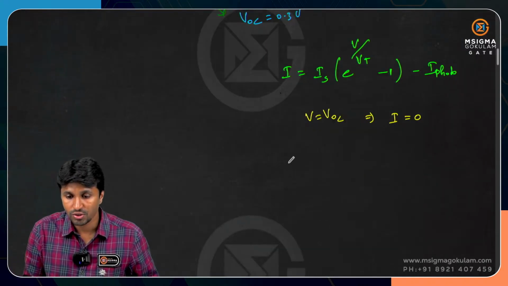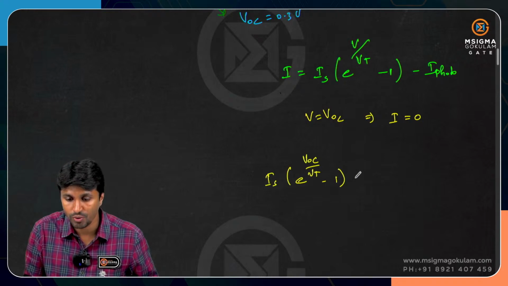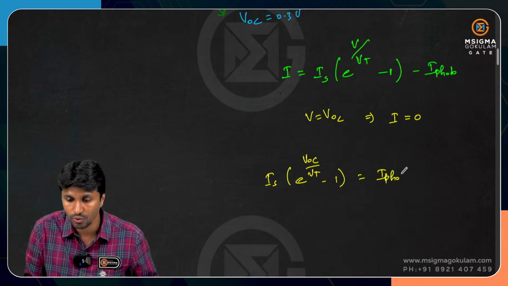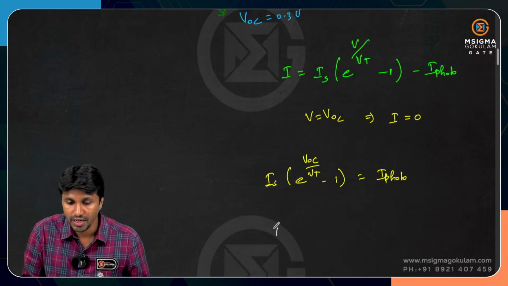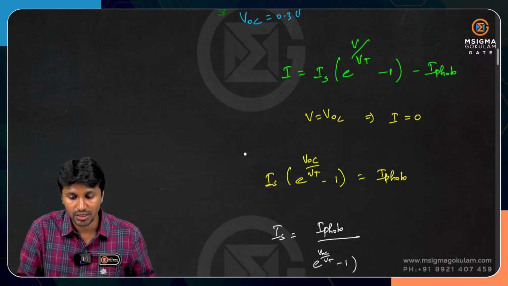So from this equation, Is into e raised to Voc by Vt minus 1 is equal to I photo. So what you have to calculate is this reverse saturation current. Is is equal to photocurrent divided by e raised to Voc divided by Vt minus 1. So this is the equation.